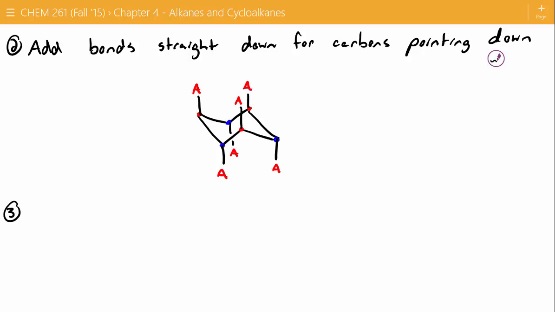Number 3 is add last substituent parallel to adjacent carbon bonds.